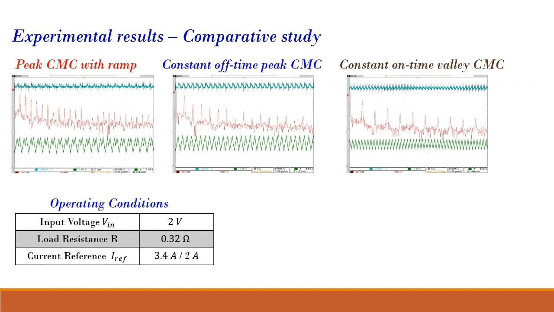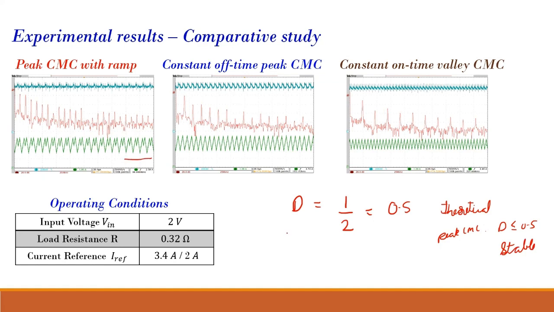Over here you will see, now my duty ratio is 1/2, that is 0.5. I have also added a ramp. Theoretically, in peak current mode control, as long as my duty ratio is less than or equal to 0.5, it should be stable. But here it is showing unstable.